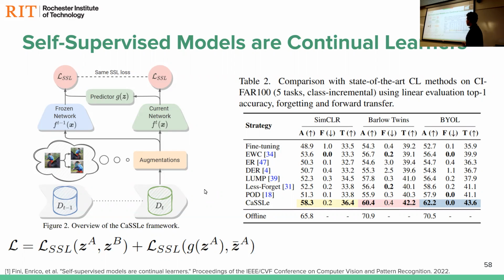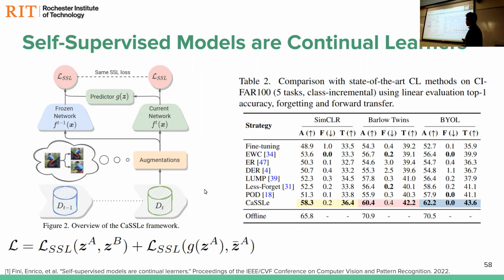So what you do here is, if I have my set of sequential data, I have the first data set D_T and then other data sets that are coming in time. I'm going to do my augmentations, as I said before, in self-supervised learning. When you do two different perturbations to the image, I pass those through the network, and then I do my self-supervised loss, which could be like the contrastive loss that I showed way before.